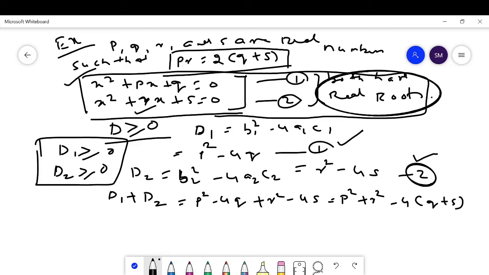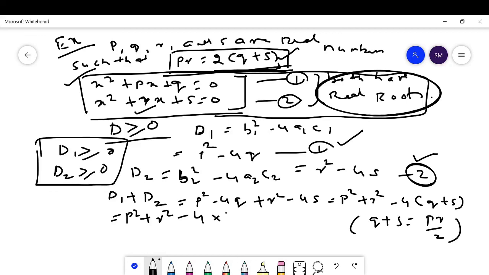Look at the condition given: pr is equal to 2 into (q plus s). In place of q plus s, we can write pr upon 2.